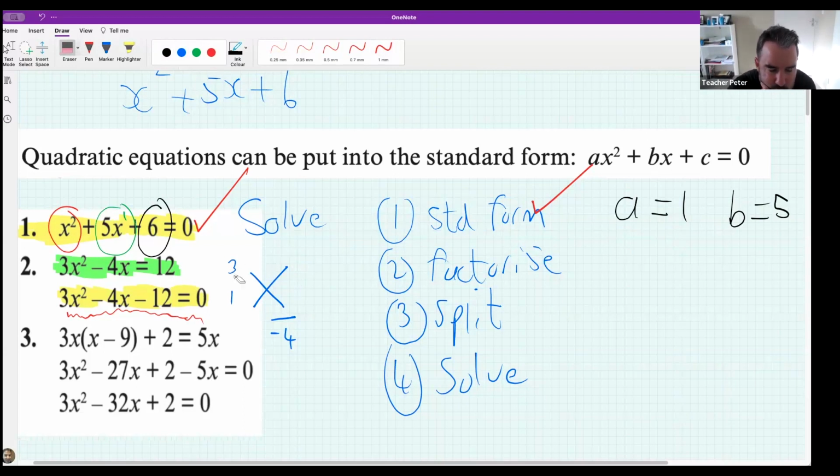There's so many choices with 12. 12 and 1, no. 6 and 2, no. 3 and 4, no. Oh, I wonder if this is 1, 4 and 3. But now, if we use 4 and 3, let's have a look. -9 plus 4, that doesn't work.